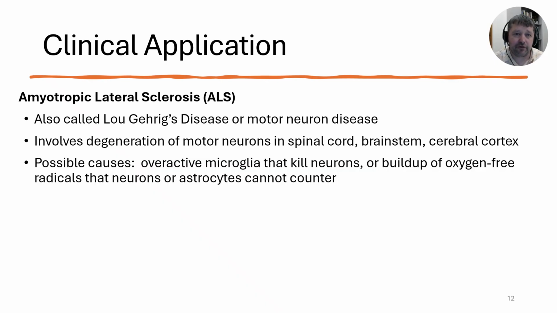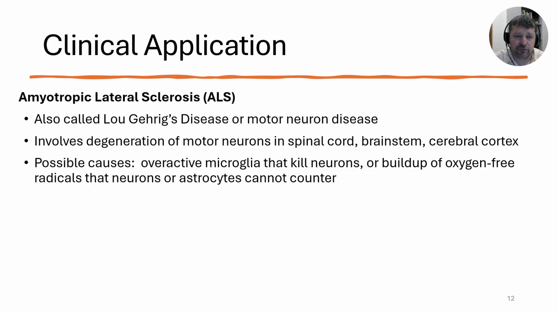After you start getting some neurons being destroyed by these microglia, remember the microglia, their job is to clean up. If there's debris or dead material, they clean it up. Well, in this case, they seem to start attacking the neurons. And once you start doing that, you start building up more and more radicals. And then that just causes more and more microglia to start destroying things.